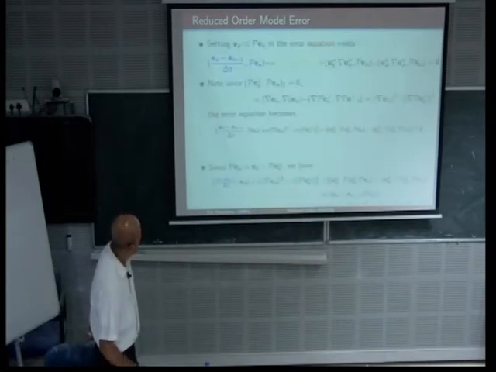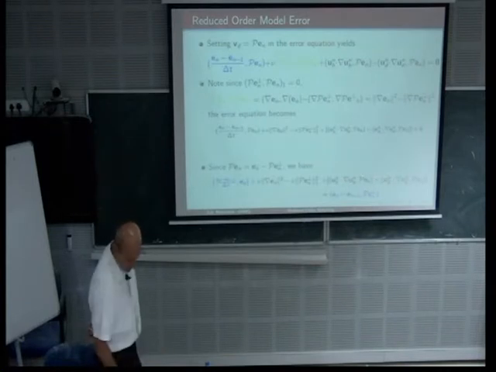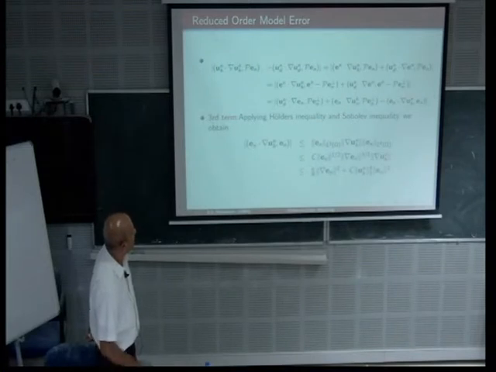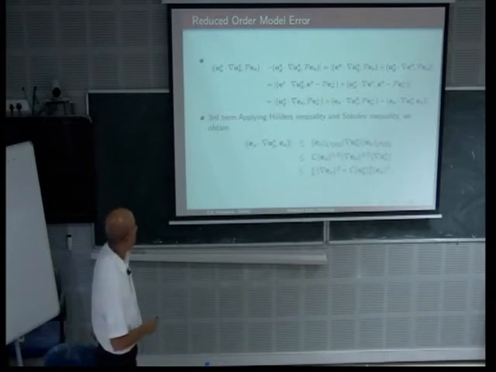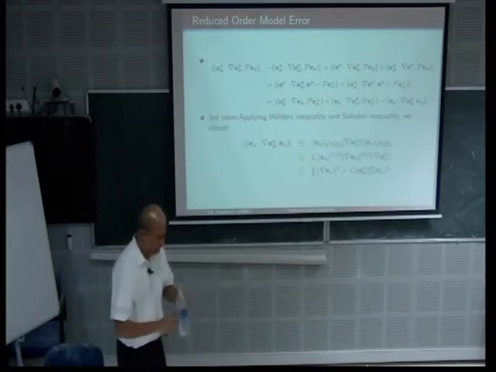Next I start estimating the difference between these two nonlinear terms. First I rewrite this by adding and subtracting similar terms so that I can produce E terms and so on. Then I apply the estimate I showed you for the nonlinearity.